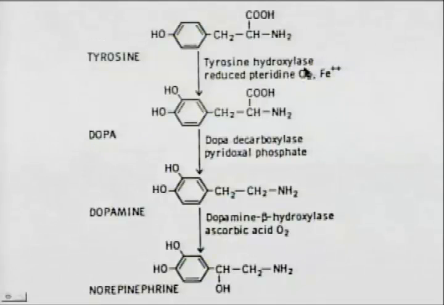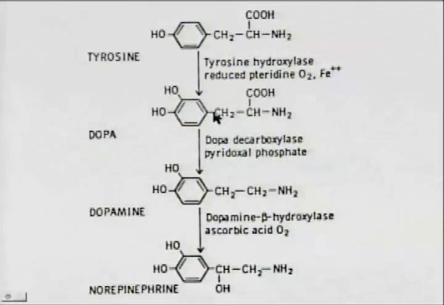Reduced pteridine, oxygen, and iron are the cofactors. You will have to know these cofactors. You'll have to be able to spell them and type them in for the exam on short questions. You'll have to recognize each of these structures as the corresponding molecules. Not so much DOPA, but anyway, the AAADC decarboxylase will decarboxylate at the first carbon, the alpha carbon here.